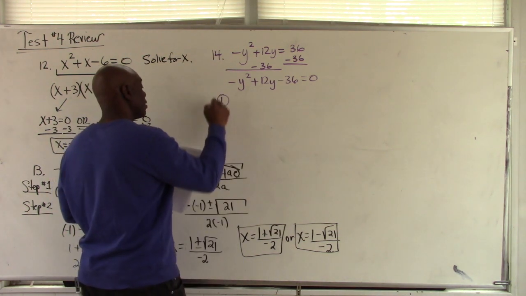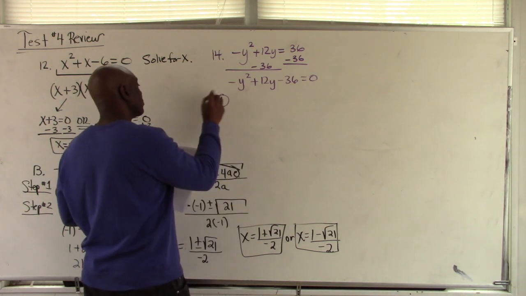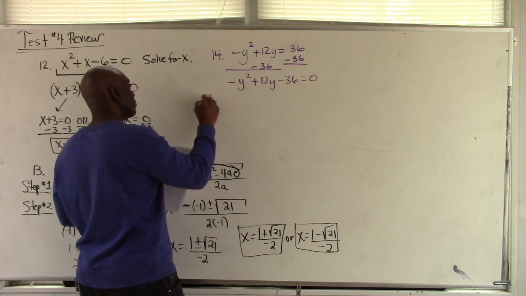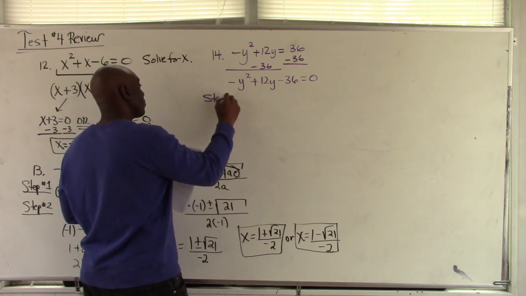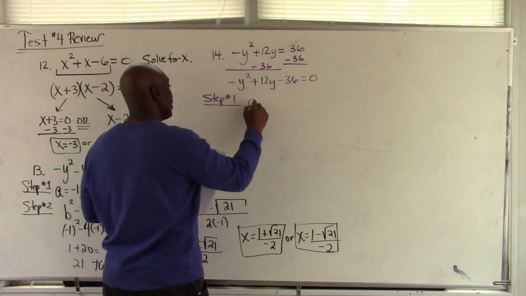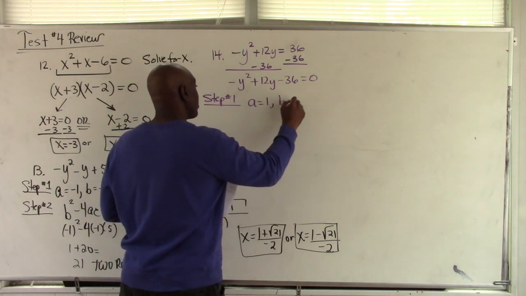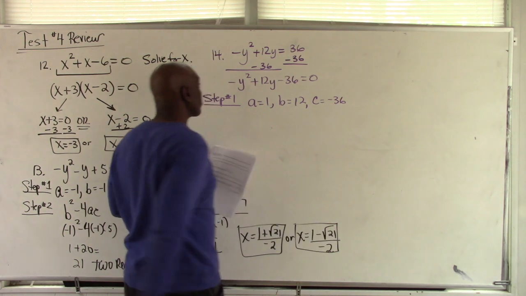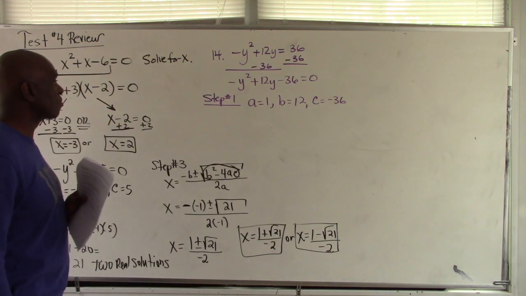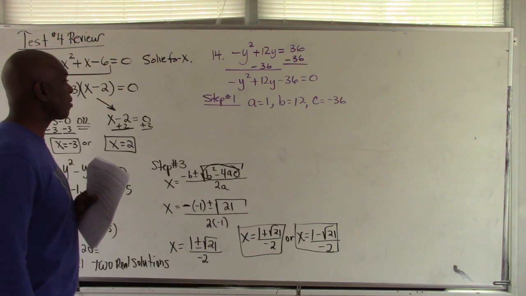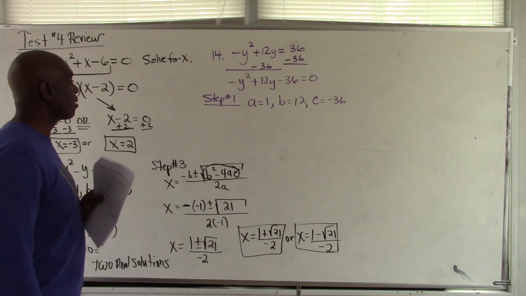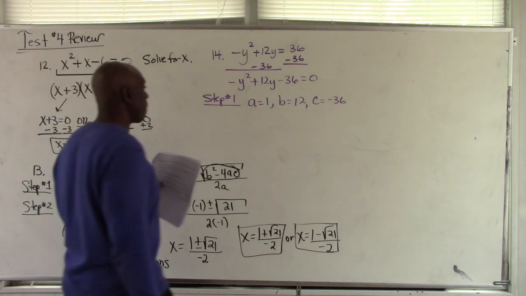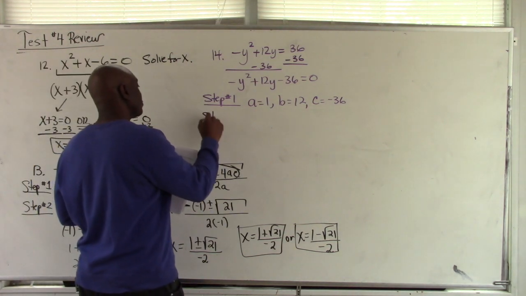So step 1, what's ABC? A is negative 1, B is 12, and C is negative 36. Okay? All right. Step 2.